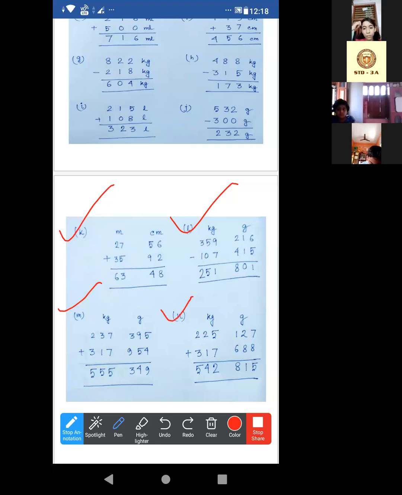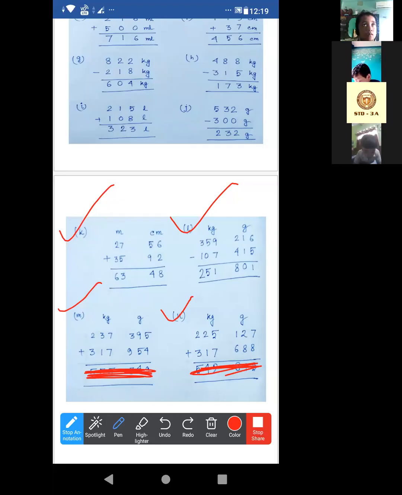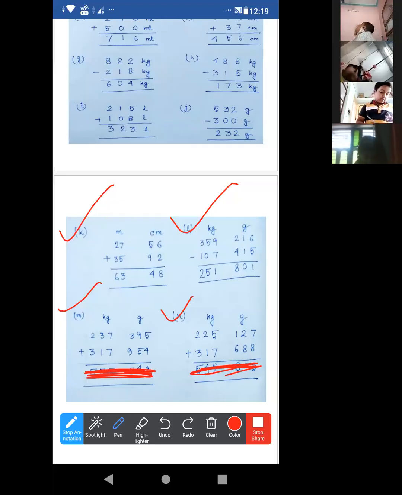M and N. This is also normal addition. I'm not going to help in this addition. This one is also addition, carry forwarding addition. Do it fast. Adrija completed M and N. Good, good, good. Tafim, Jania, Priya Malik. M and N complete.